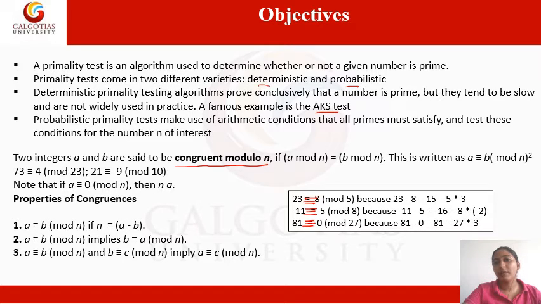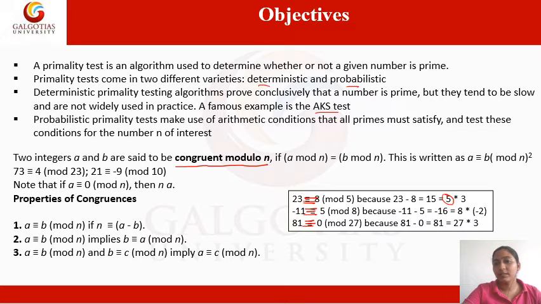So if we have 23 congruent to 8 mod 5, you can see that if we subtract 8 from 23, we get 15, and 15 is a multiple of 5.